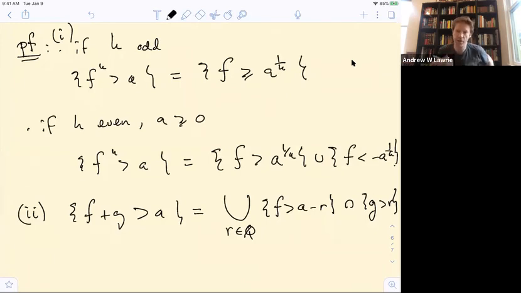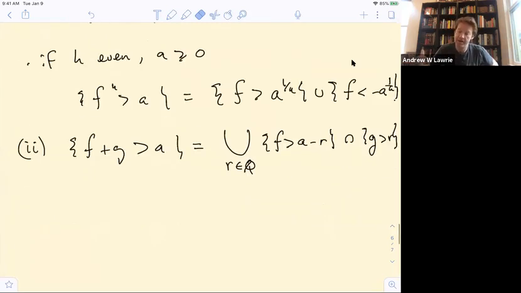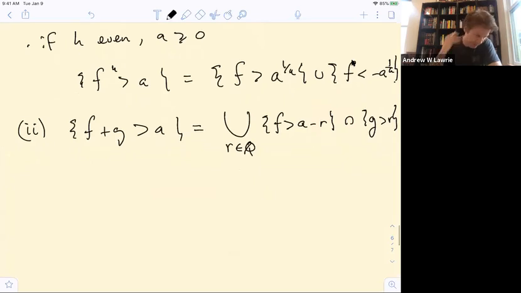So it's just a way of decomposing the set of all x for which f of x plus g of x is bigger than a. And the point is now I've just characterized this set in terms of sets which I know to be measurable. And in particular, I take a countable union here. Okay, so you can think about that one.